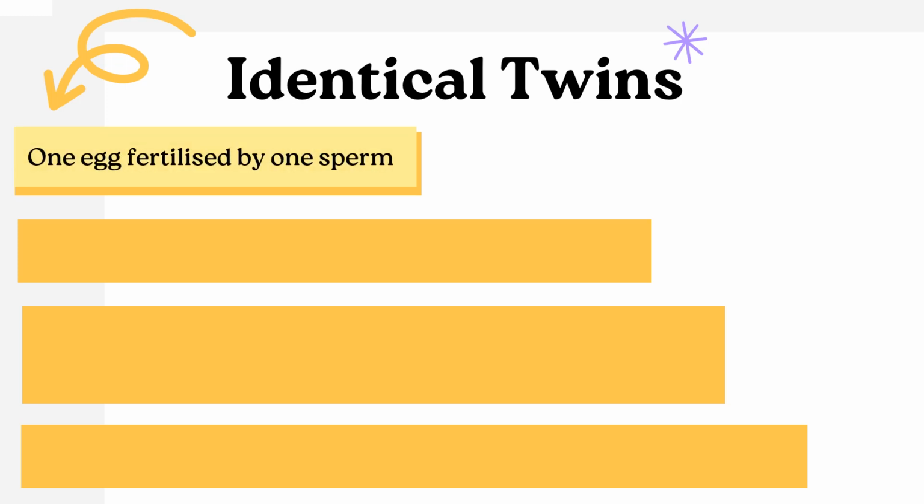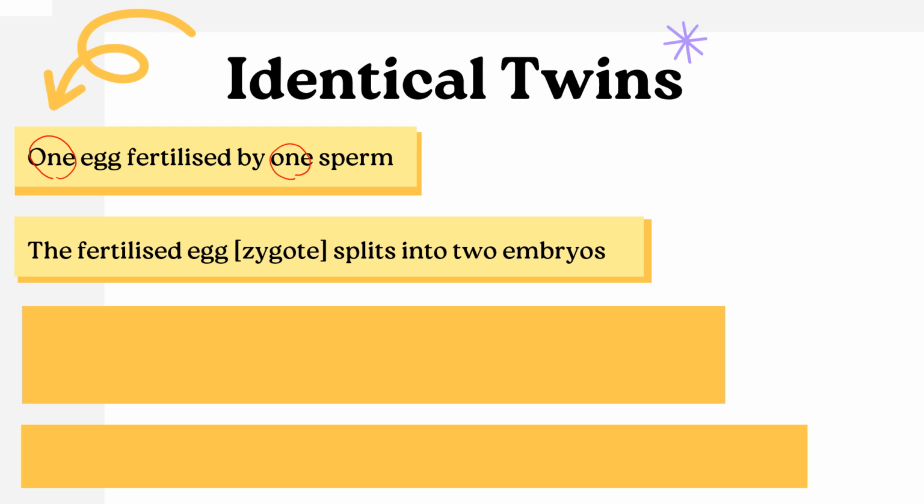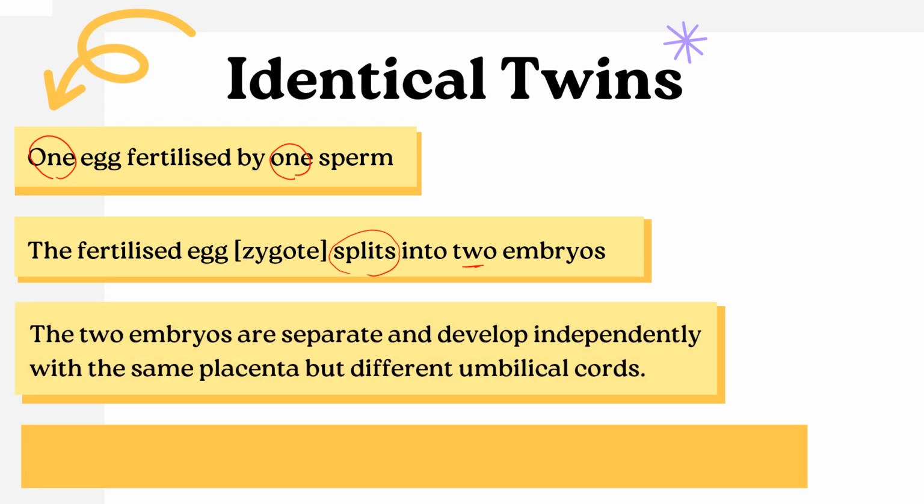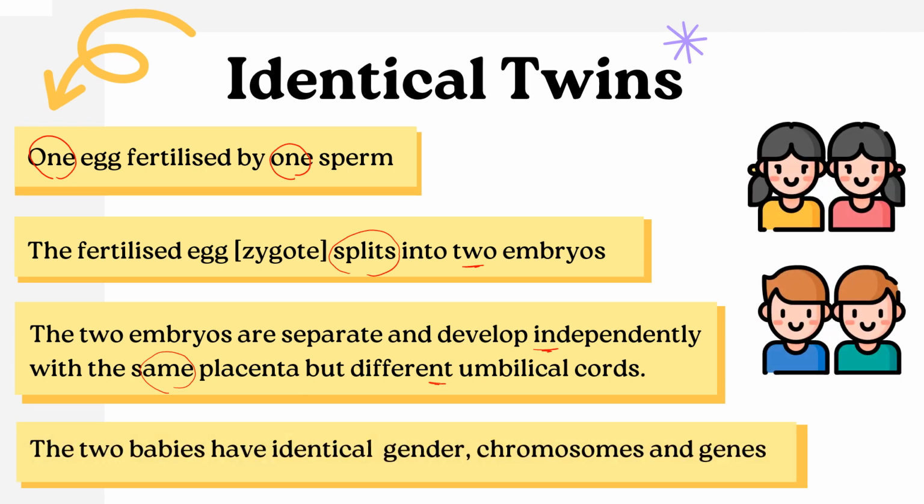One egg، خلي بالنا كويس جدا، هي one egg fertilized by one sperm. الfertilized egg أو الزيجوت بيحصلها هنا splitting into two embryos. ال two embryos دول separated and developed independently but with the same placenta لكن عندهم different umbilical cords. The two babies have identical gender, chromosomes, and gene, so they look identical in their shape.